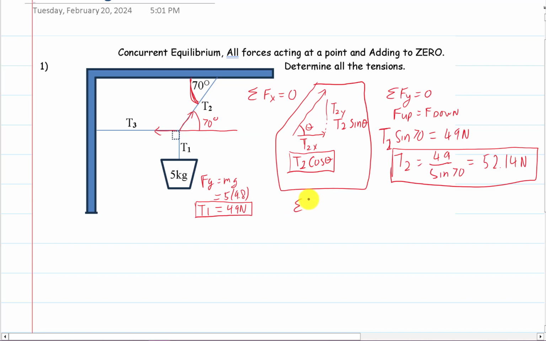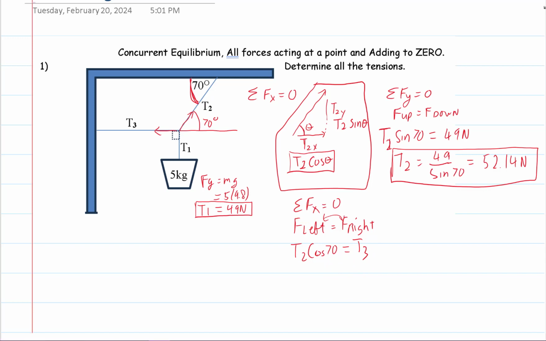We're going to do the sum of the forces in the x equals 0. That means the forces left equal the forces right. The forces left is T2 times the cosine of 70, and the forces right is T3. Well, I got left and right mixed up, so I'll move them.